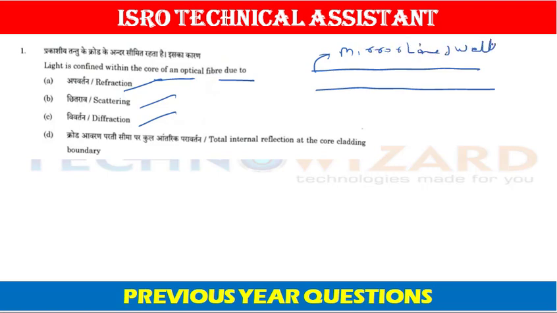Here the light bounces back like this and is reflected at the core-cladding boundary. Therefore, the light is confined within the core of an optical fiber due to the internal reflection at the core-cladding boundary. So option D is the correct answer for question number 1. And this is also the principle of total internal reflection.